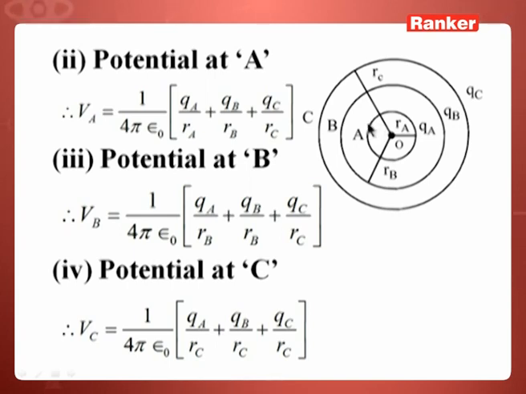One on the surface of the first sphere, second one inside the second sphere B, third one inside the third sphere C. So when you calculate these three, what would be the formula? VA is equal to 1 by 4 pi epsilon naught, that is a constant K, into QA by RA plus QB by RB plus QC by RC.